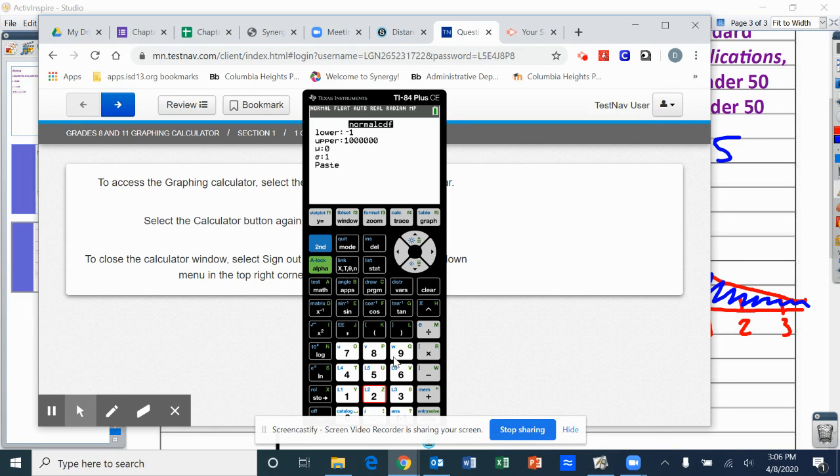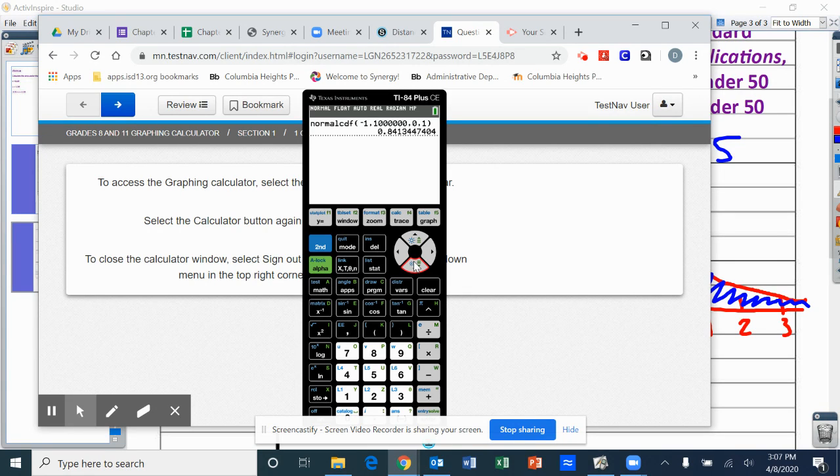For the lower bound, we want -1 because that's our z-score, and we want the area that's to the right of it or above it. So I chose a really big number for the upper bound. I chose 1,000,000, that's probably not necessary. Our mean, again, mu is 0 because this is standardized now. And then our standard deviation is 1. You can hit enter and hit enter.